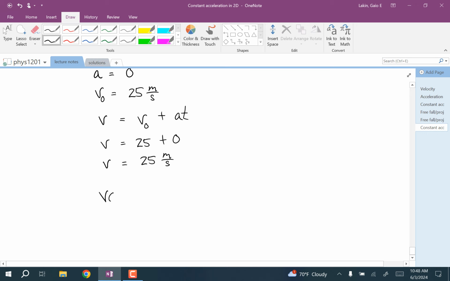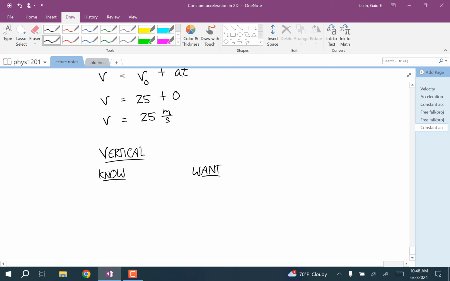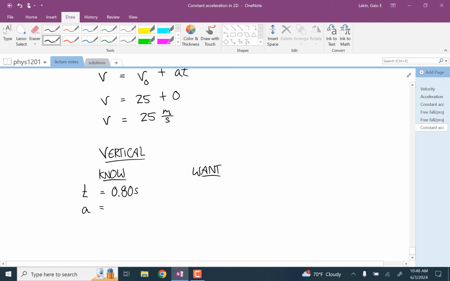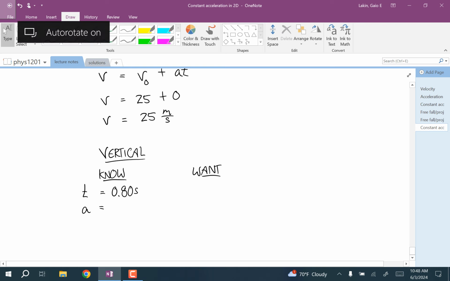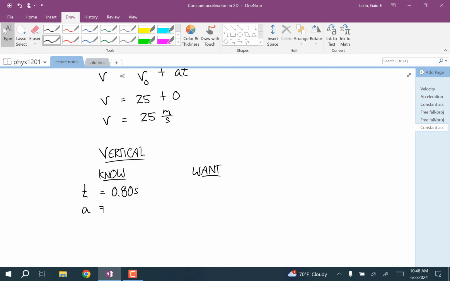And now vertically, we know that the time is 0.8. This time we know the acceleration is negative 9.8.